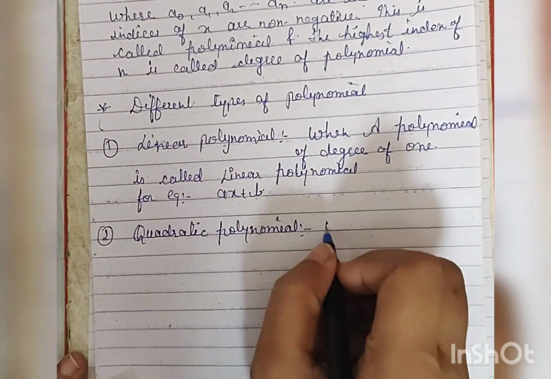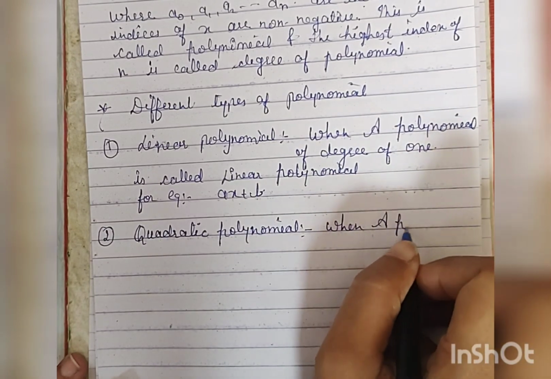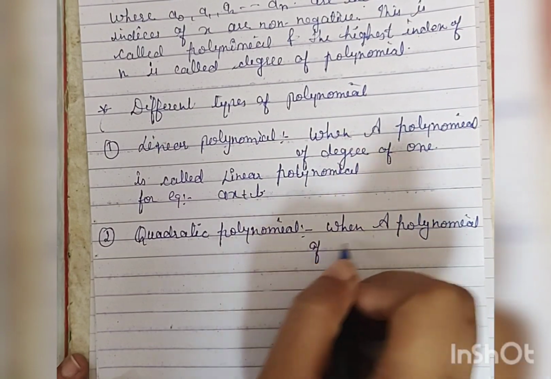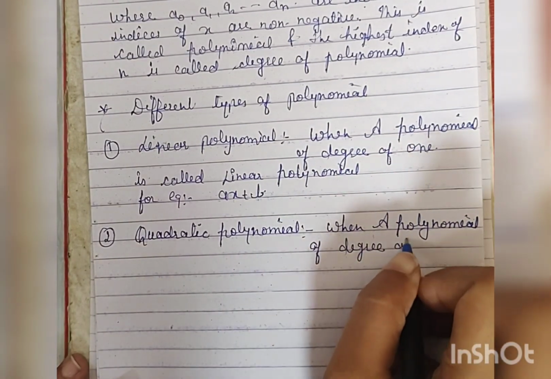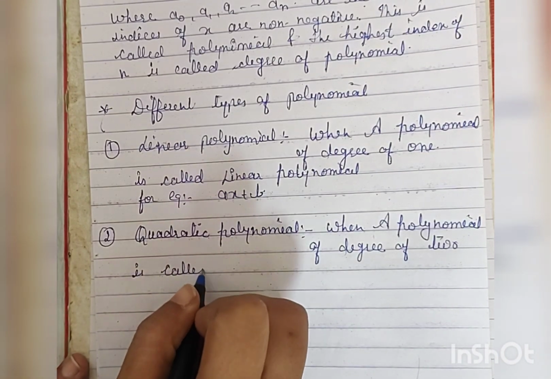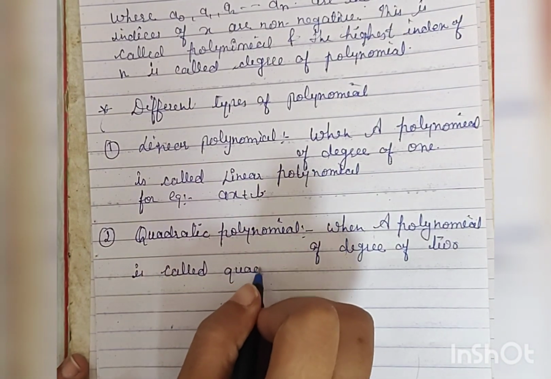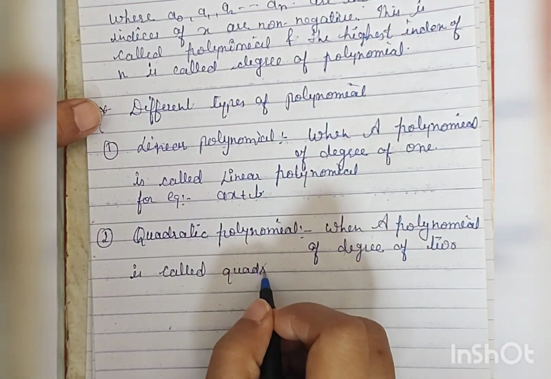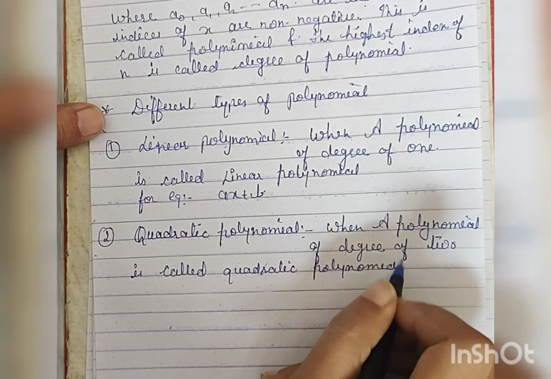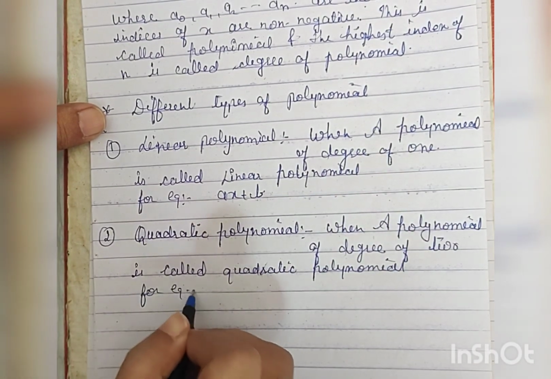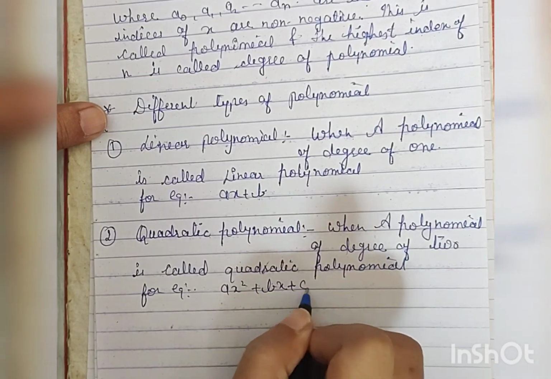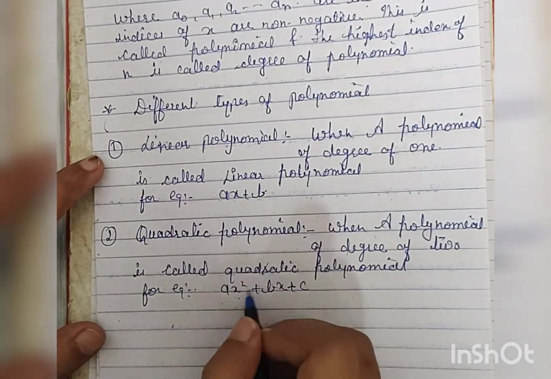When a polynomial of degree 2 is called a quadratic polynomial. For example, ax square plus bx plus c. This is your quadratic polynomial where the highest degree is 2.